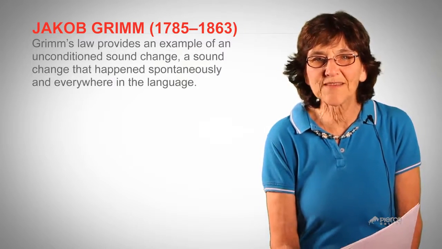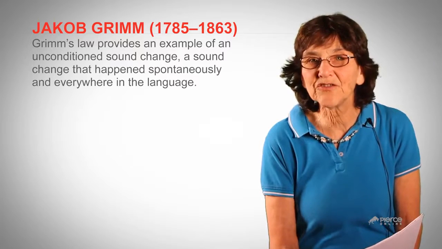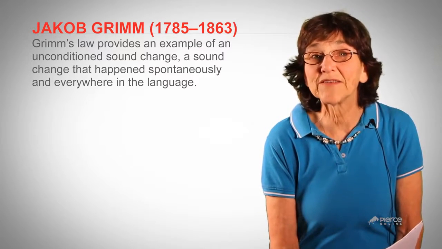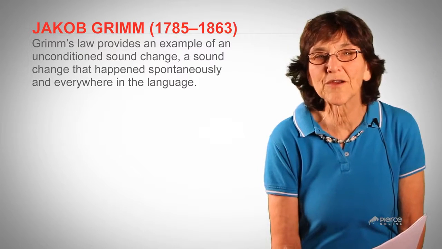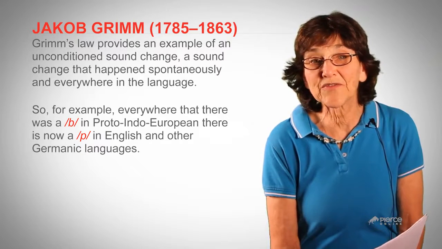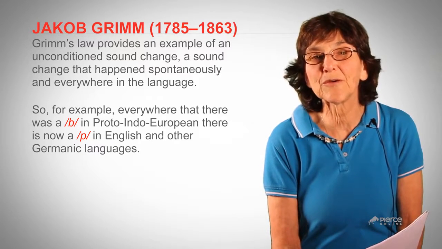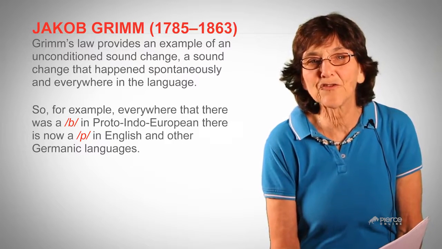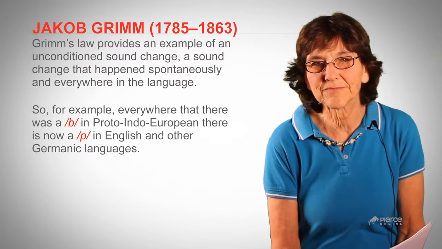Grimm's law provides an example of an unconditioned sound change, a sound change that happened spontaneously and everywhere in the language. So, for example, everywhere that there was a b in Proto-Indo-European, there is now a p in English and other Germanic languages.